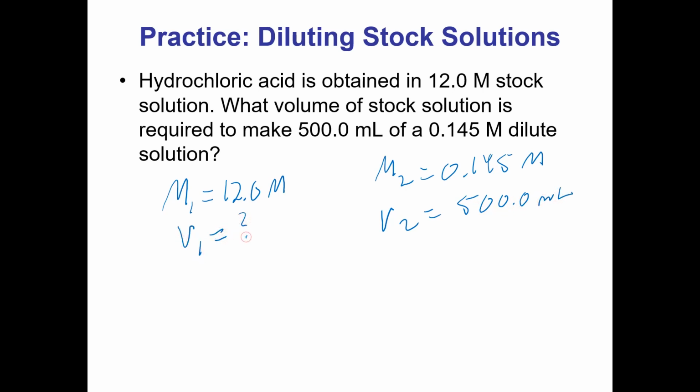So we have to find out what volume of that 12 molar stock solution we need. So then we're going to take M1V1 equals M2V2. So M1 is 12 molar.